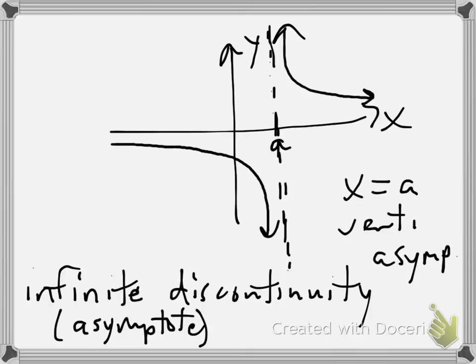That just means that no matter what you plug in for a, you're never going to get a value for it. So something like 1 over x would be an infinite discontinuity. Because at 0, you're never going to get a defined value for y. So that would be an example of an infinite discontinuity.